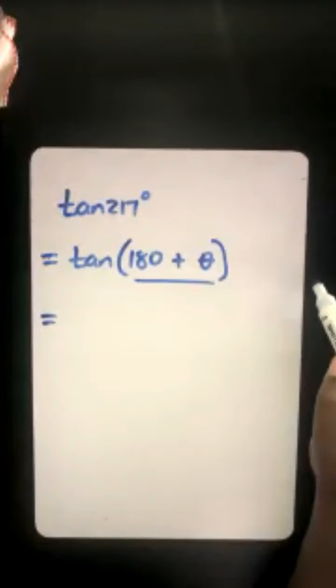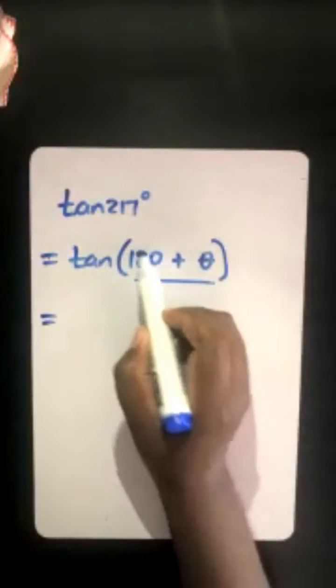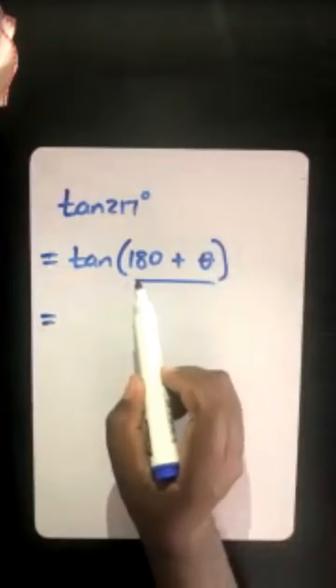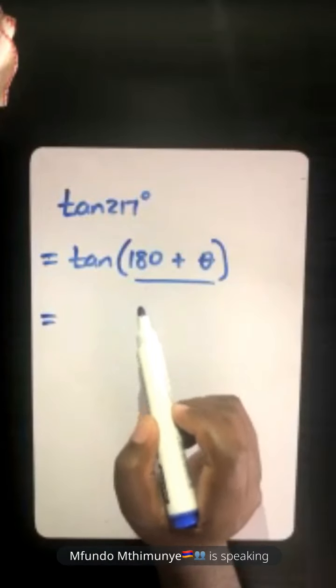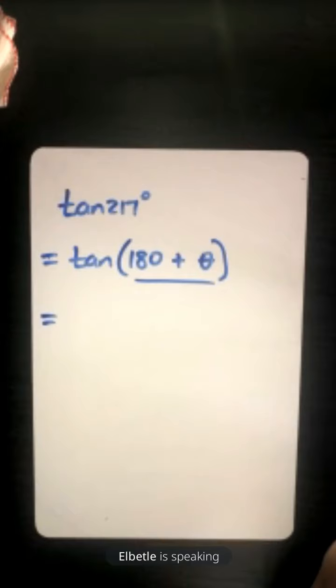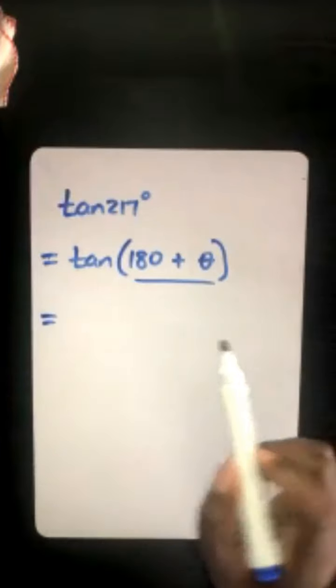It's in the third quadrant, unless you're talking about the angle 180. So LB, you say it falls in third quadrant. What makes you say that? It's 180. I was saying that I'm looking at the trig ratio, which is tan, because it's in the third quadrant. Oh, okay, I see.